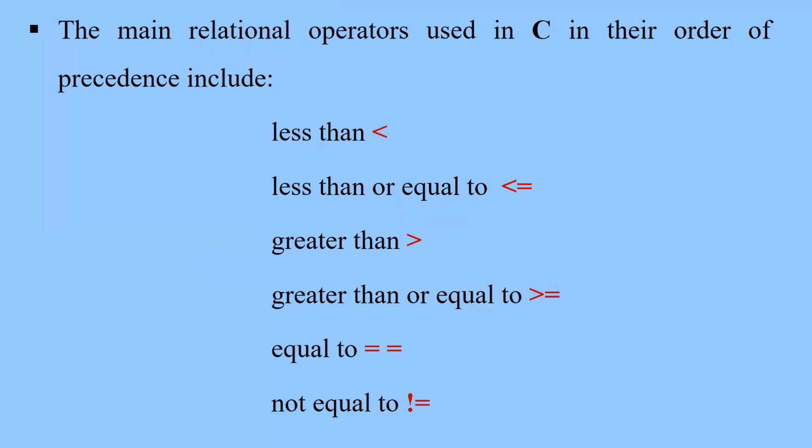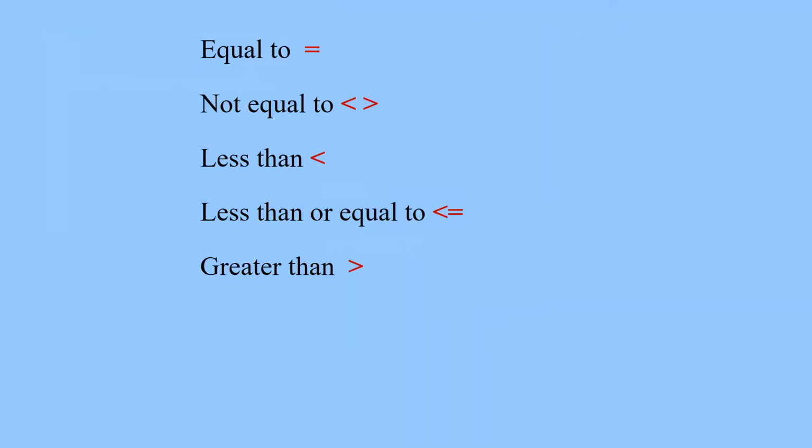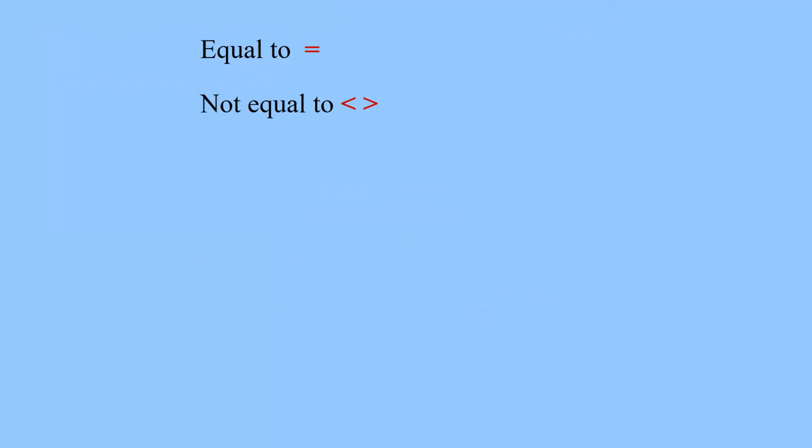My dear students and the rest of the learners, kindly look carefully at not equal to in C. When you compare it to not equal to in Pascal, not equal to in Pascal looks as follows. That is not equal to in Pascal.